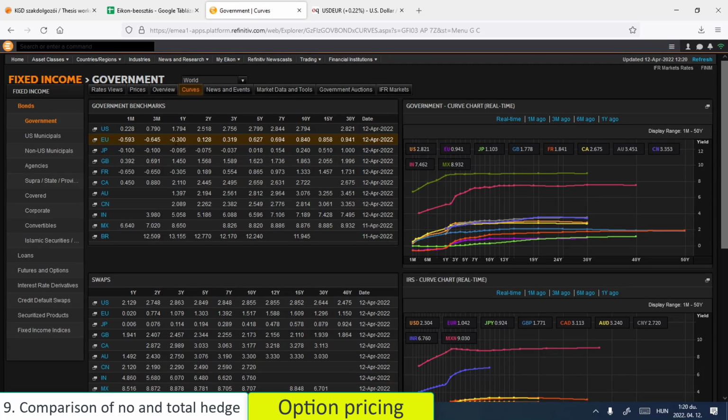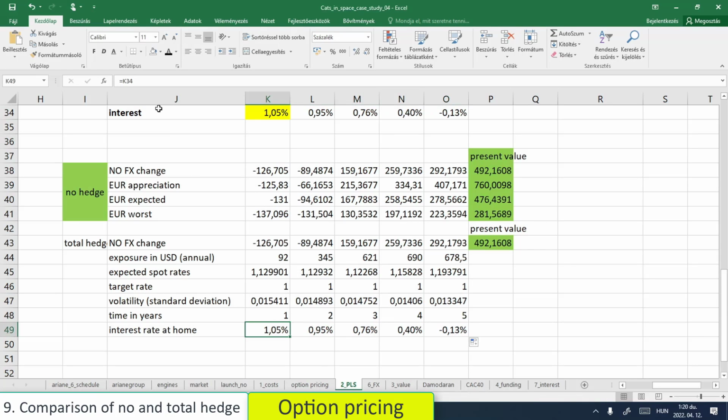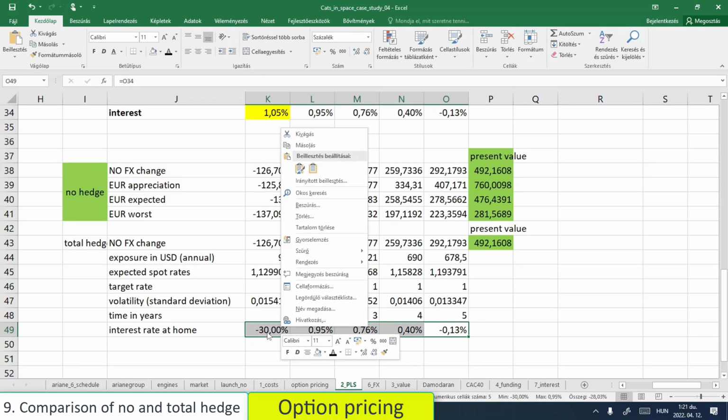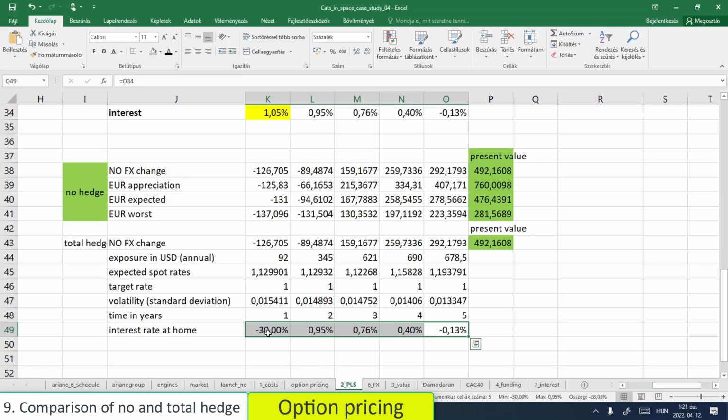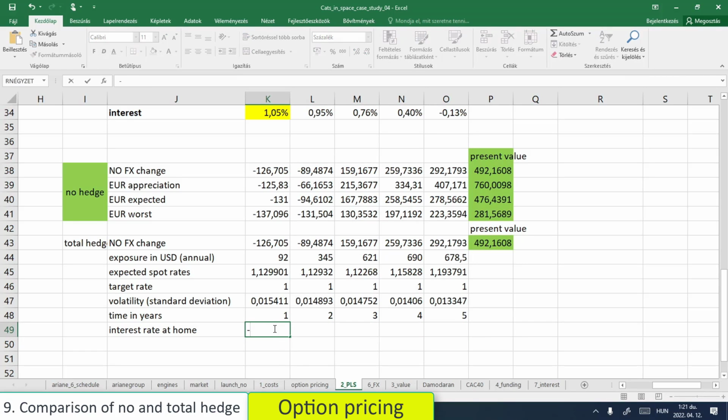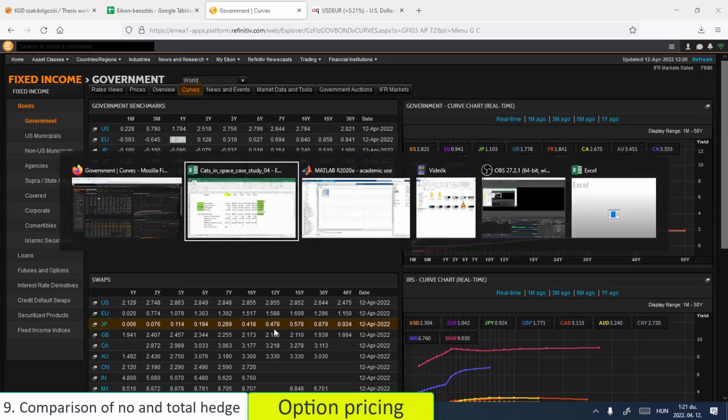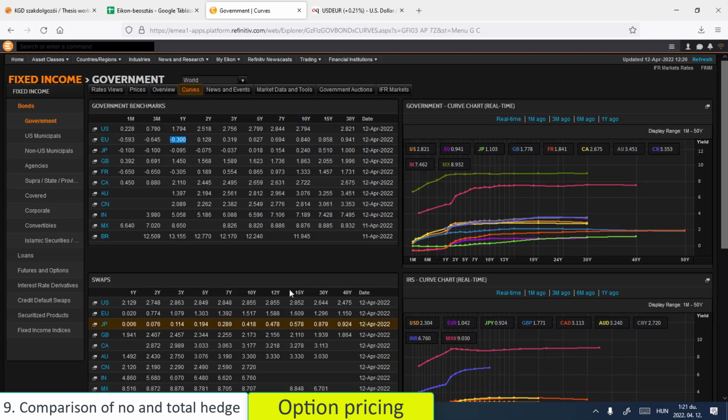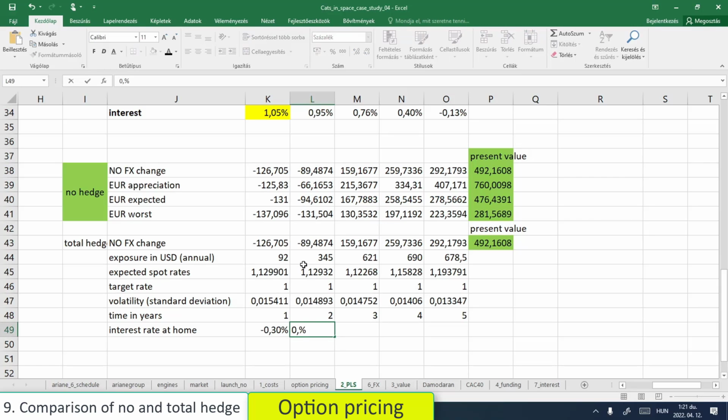So here we can see that, okay, 1 year ahead, oh god, maybe we should delete this one. 3%, then 2 years ahead, at least it's positive, 0.128.